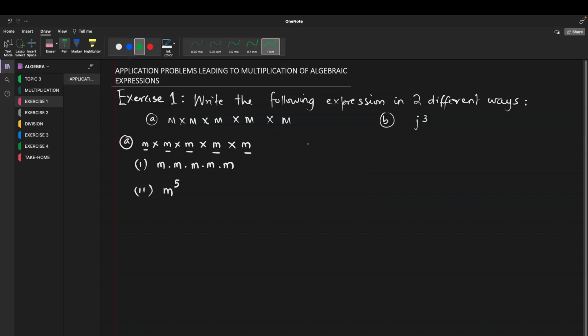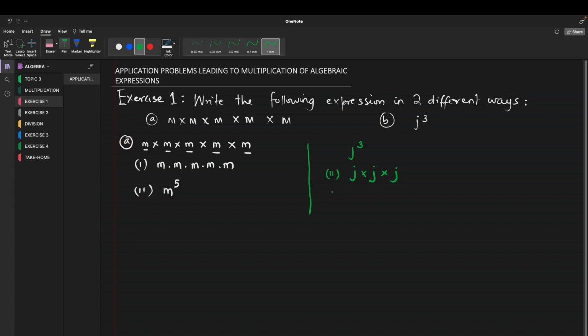For the other question, which is question B, it says express j raised to power 3, or j cubed, in 3 ways. So the first way to express that is j times j times j. That's j appearing 3 times.